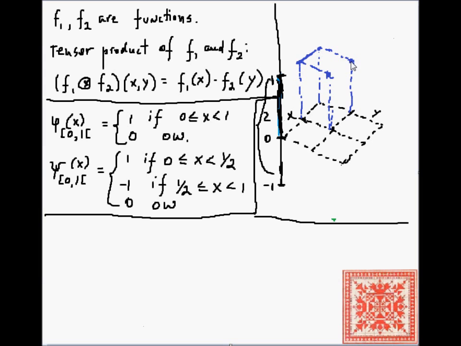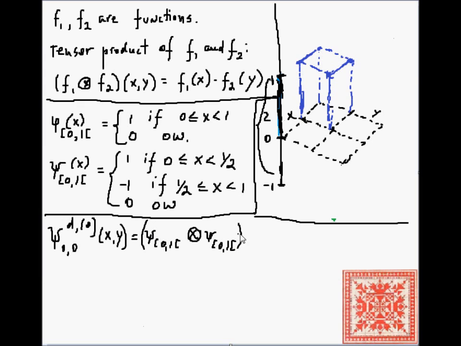Okay, all right, and then this is the big psi diagonal at the origin of 0, 0 at x and y. It's equal to the tensor product of the small psi on the interval from 0 to 1, tensor times small psi on the interval from 0 to 1, x and y.